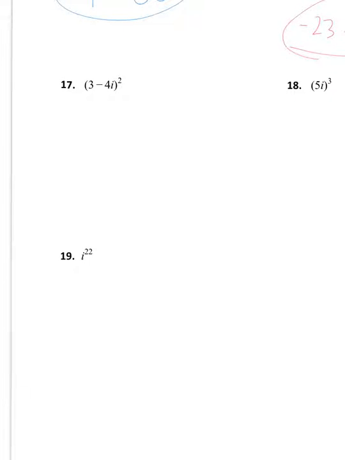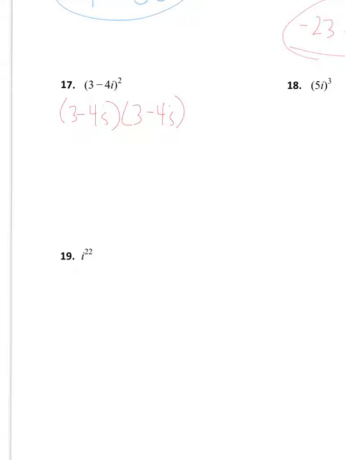All right. 17 is just like 16, but you have to have the patience to write it out as what it means instead of trying to square everything in there.